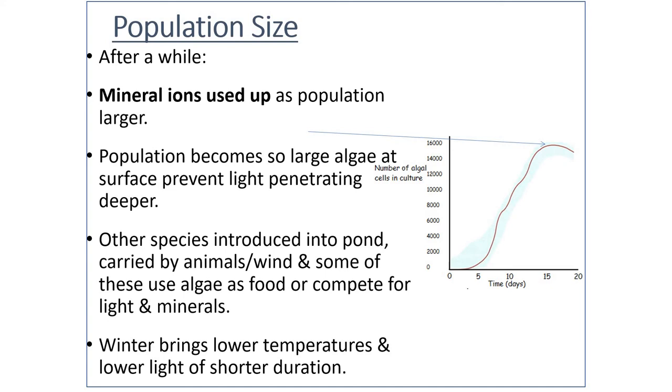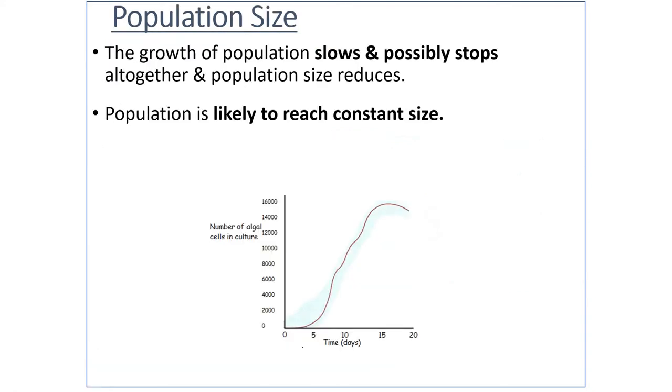Then in winter there will be lower temperatures and lower light of shorter duration, so the population growth might start to decline. The growth slows and possibly stops altogether, and population size reduces. Eventually the population is likely to reach a constant size with small fluctuations.